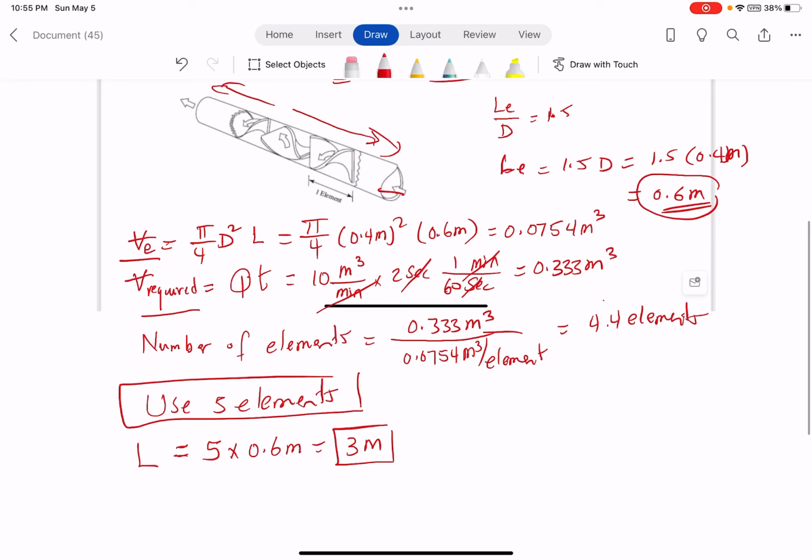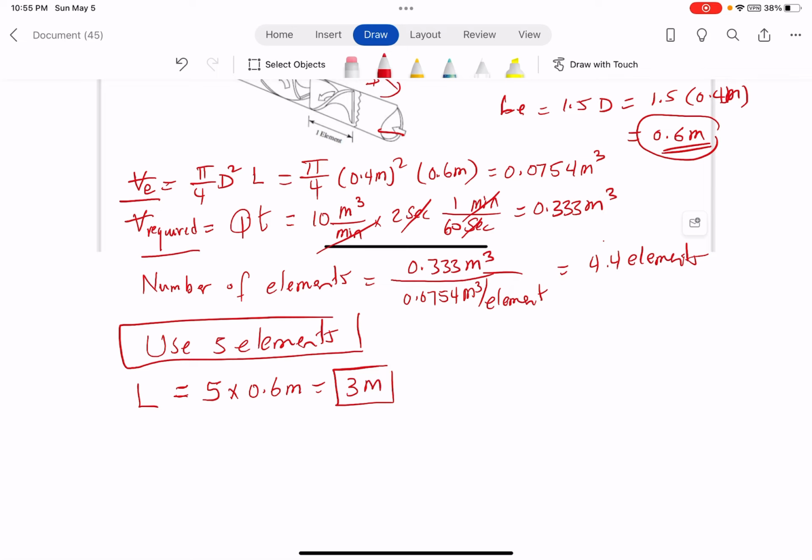Now, remember from the notes, we should find the head loss. The total head loss for all the elements is friction factor times L times velocity squared over 2g times diameter. We have f, we have L, but we don't have the velocity.